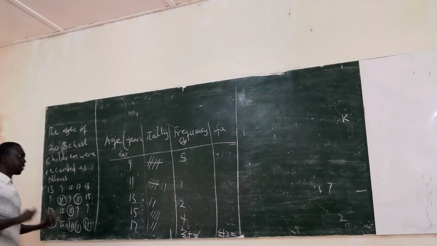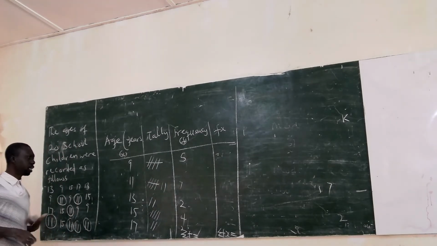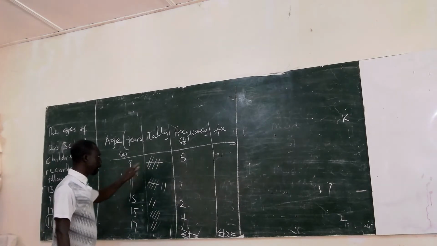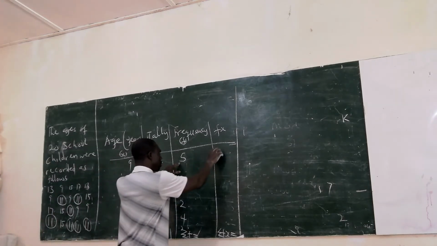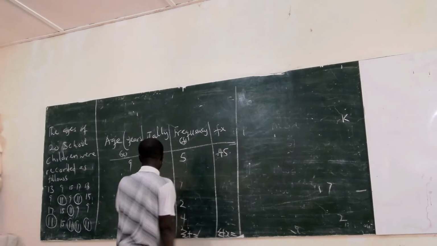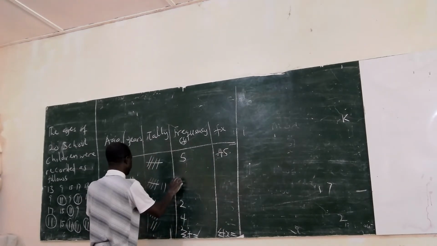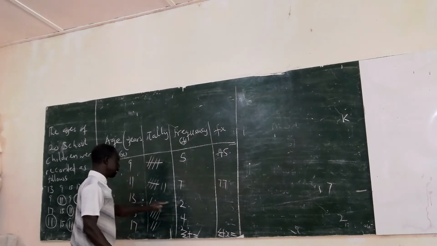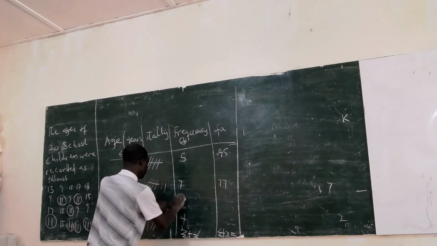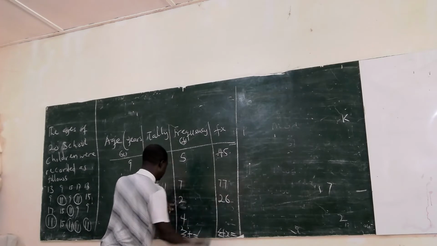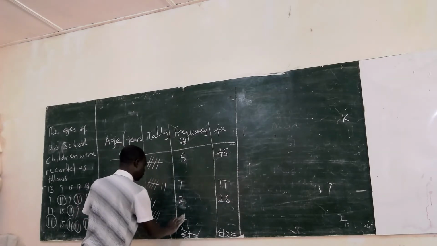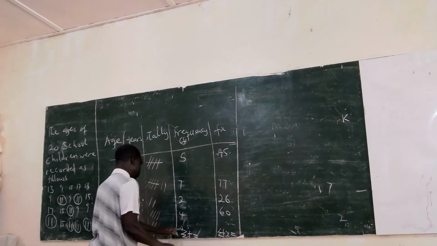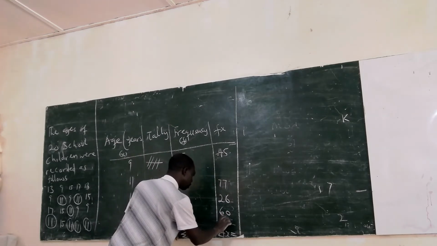To get the fx, you multiply the age by the frequency. 9 multiplied by 5 gives us 45. 7 times 11 gives us 77. 13 times 2 gives us 26. And 15 times 4 gives us 60. And 17 times 2 is 34.